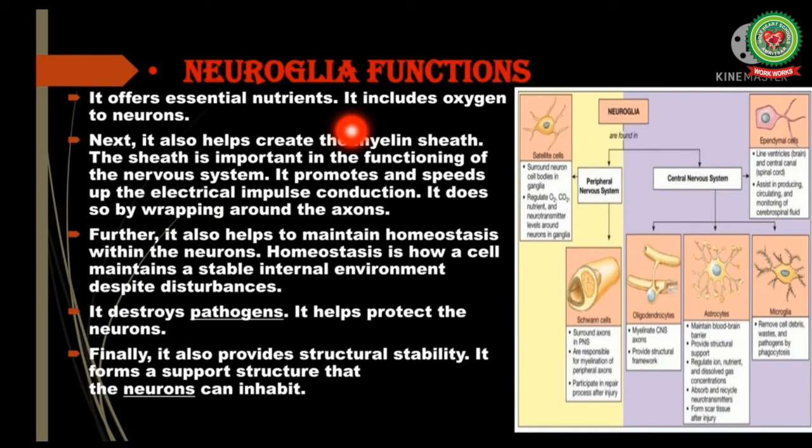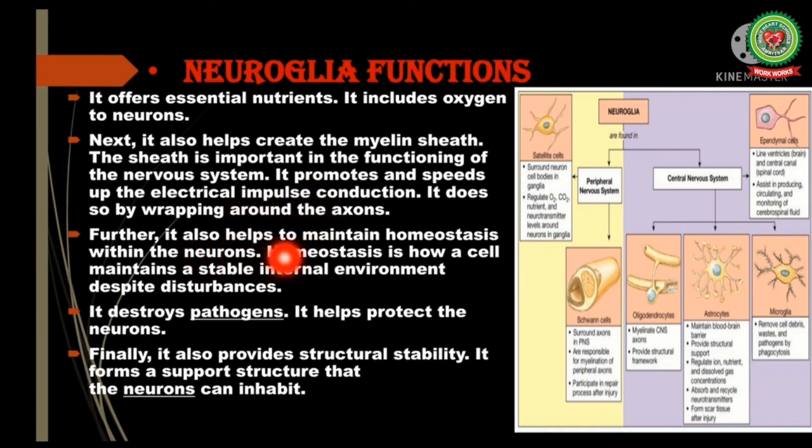The functions of neuroglia. It offers essential nutrients to the neurons that also include oxygen. Next, it also helps to create the myelin sheath, as oligodendrocytes and Schwann cells are responsible for the synthesis of myelin sheath, which has an important role in the functioning of the nervous system. It promotes the speed of electrical impulse.